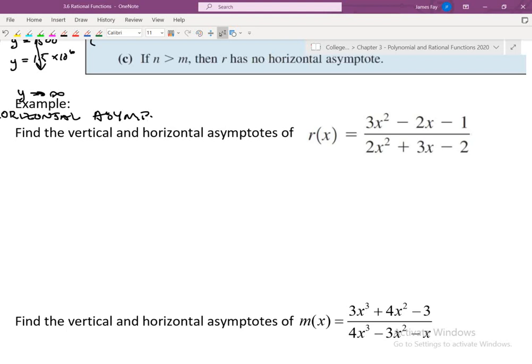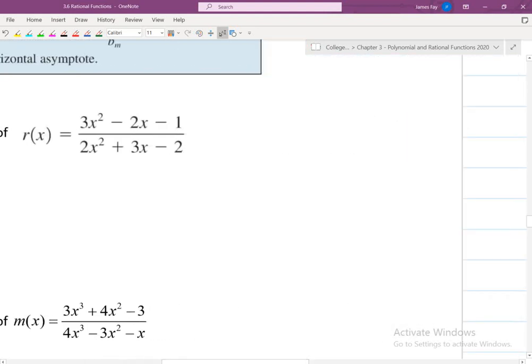The first thing that we're going to do, the first 2 things, are going to be finding vertical and horizontal asymptotes. Okay? So I want to go through this problem here, and I want you guys just to take a minute and see if you can factor the top and the bottom of this, because that's the first thing that you do every single time that you ever come across a rational function.